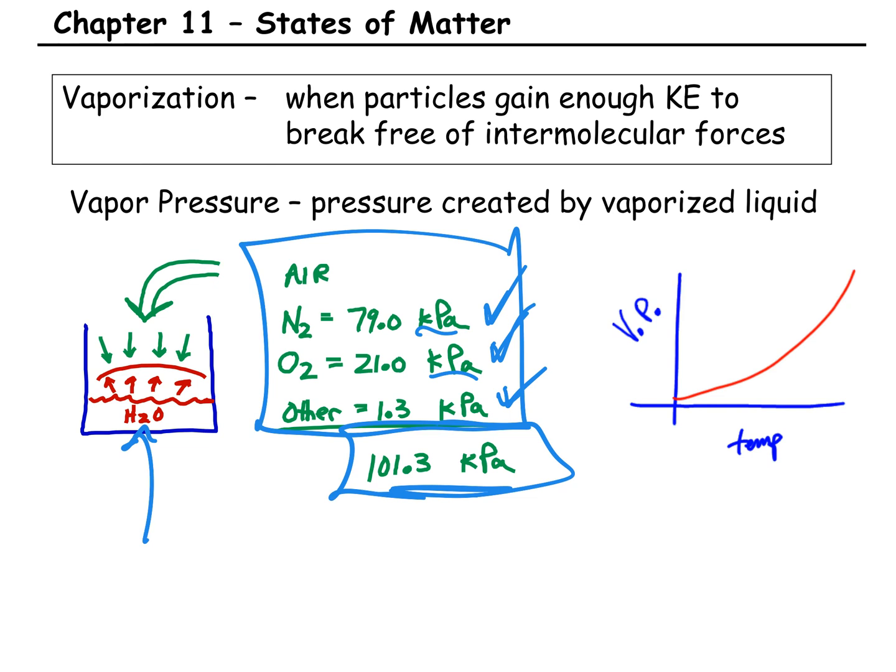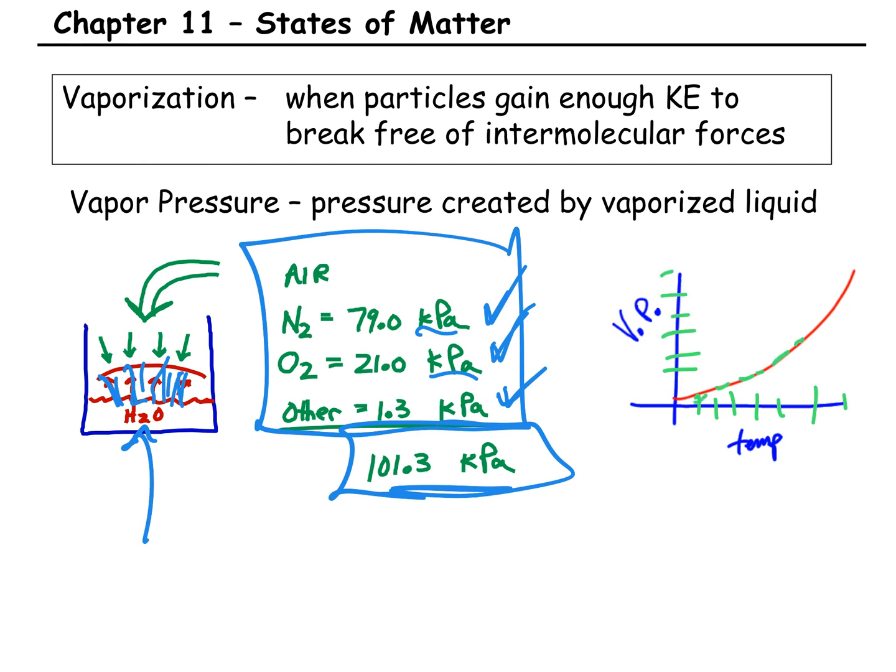Now, when water tries to vaporize, it comes off the surface and has to push against the pressure that the air is putting down on it. And the warmer the water is, the more vaporizes. So the vapor pressure from the water will increase with temperature. Looking at this graph, as the temperature goes up, the vapor pressure from water also goes up.